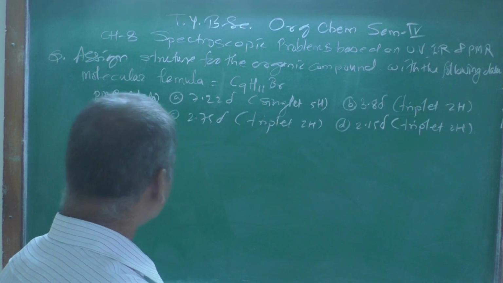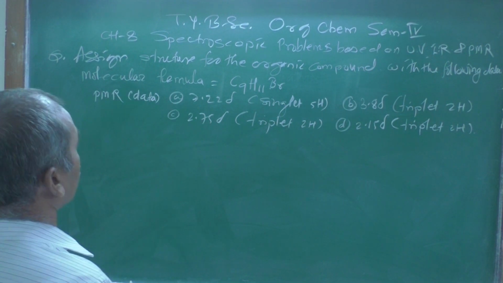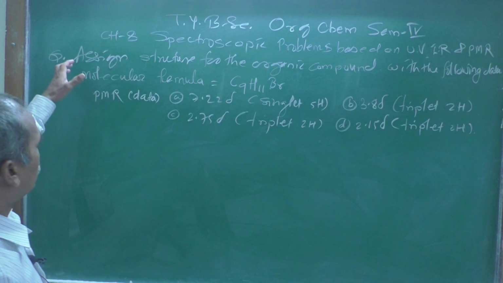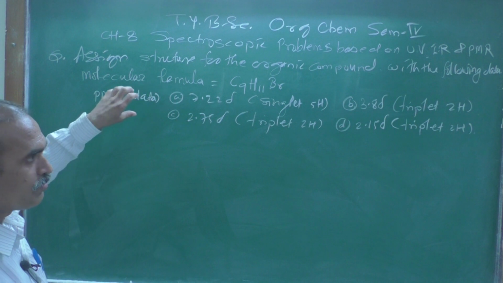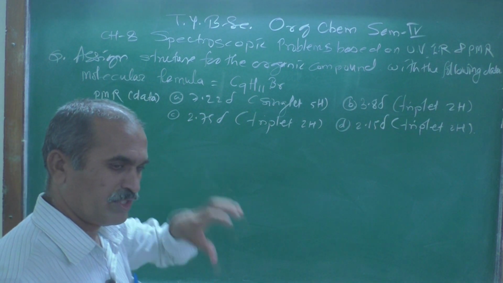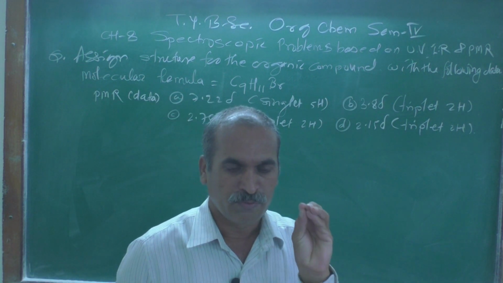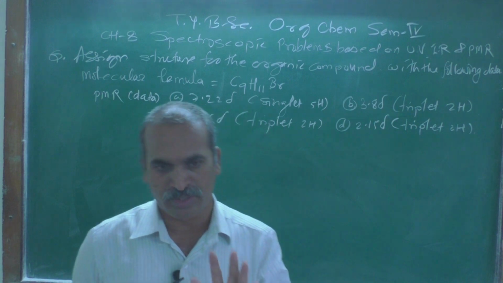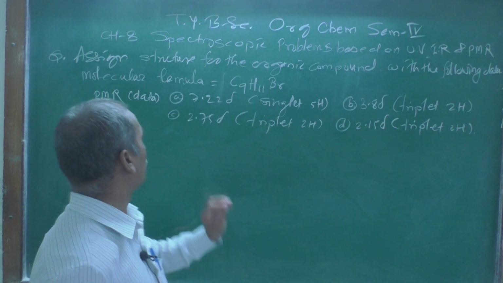So now, assign a structure for the organic compound with the following data. This is the data provided to us, and from this data we have to find out the correct structure of the organic compound. It is very important.